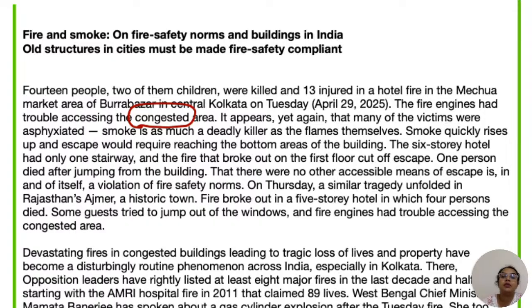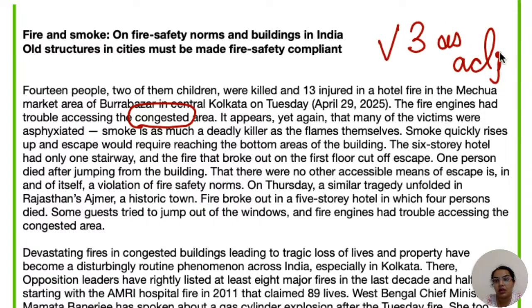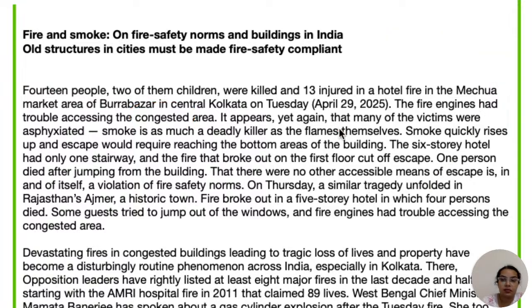It is a verb third form, past participle used as adjective. Then part of speech of this word. Part of speech of another word that I have highlighted.